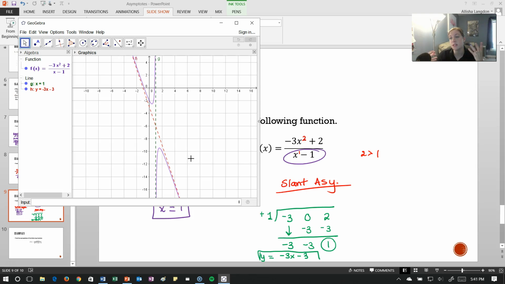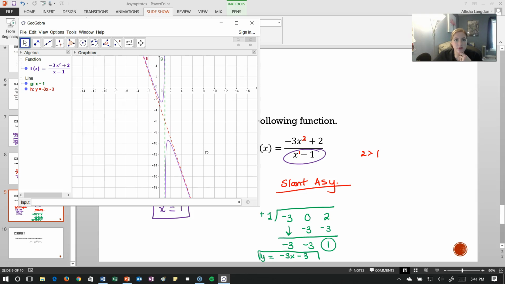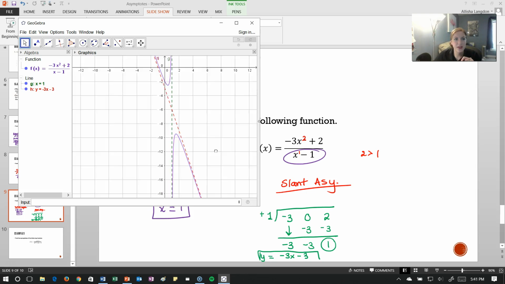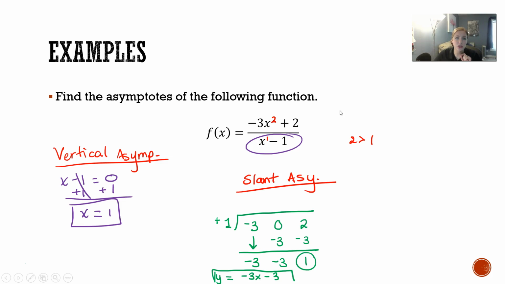It's just representing what it's approaching to help visualize. So got some Christmas colors going on there, but you can kind of see the graph as we get farther away. It is approaching that line. It almost is like the fencing that keeps the graph in place. So that's another way to think of your asymptotes. So this one, we did have 2 asymptotes. I have one more example that I want to show you.